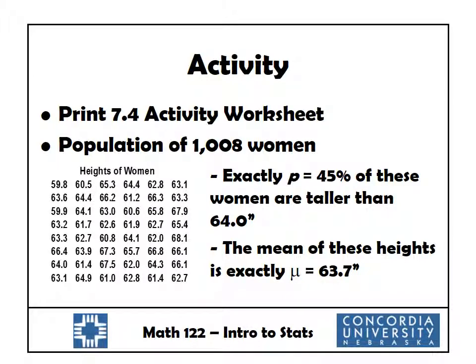Now, in this activity, we're going to pretend that we don't know this number or this number, and we're going to try to estimate them by taking random samples of women and using those random samples to construct confidence interval estimates of P and mu. So again, we're going to pretend that we don't know these two numbers, and we're going to try to estimate them.